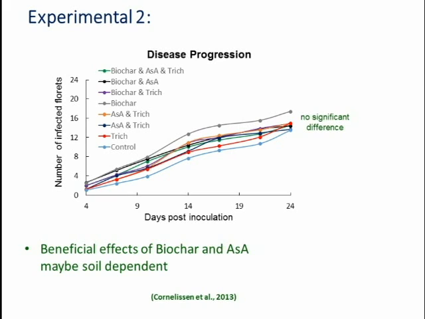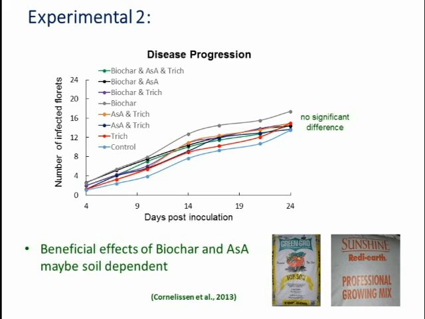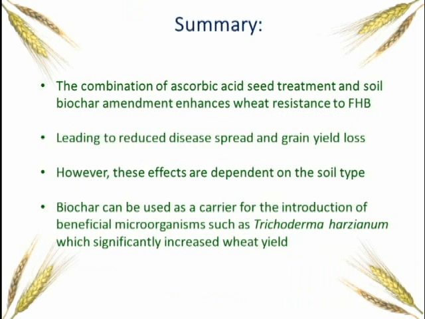So, of course, my work is still very much preliminary. I'm in the process of doing toxin analysis and have a lot more ideas of where I'd like to take this. But in summary of what we know so far, the combination of ascorbic acid seed treatment and soil biochar amendment enhances wheat resistance to Fusarium head blight, leading to reduced disease spread and grain loss with disease.